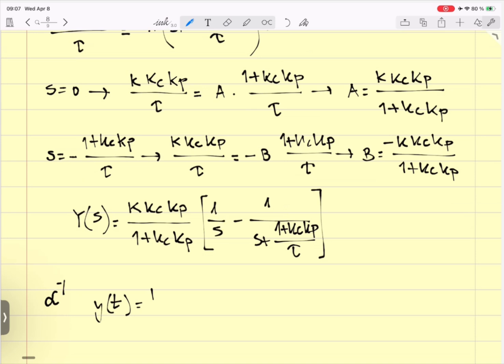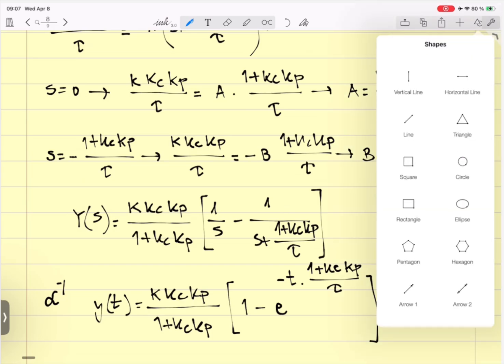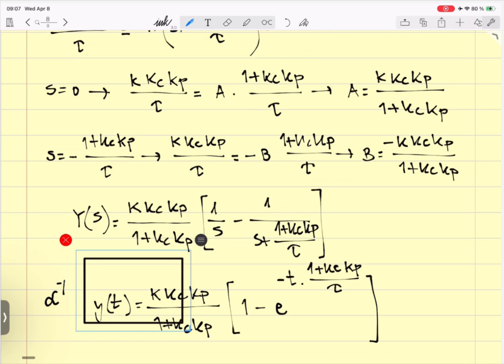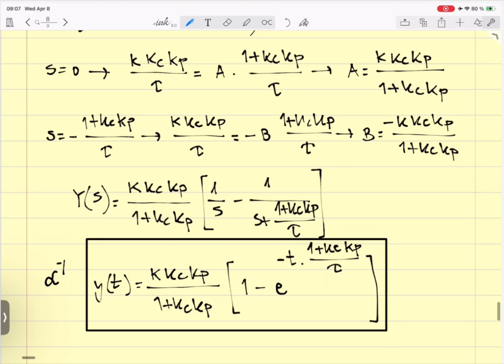We're still in the s domain. k sub c k sub p over 1 plus k sub c k sub p, and here is 1 minus exponential of minus t times 1 plus k sub c k sub p divided by tau. Okay, this is the general form of the first order control loop.